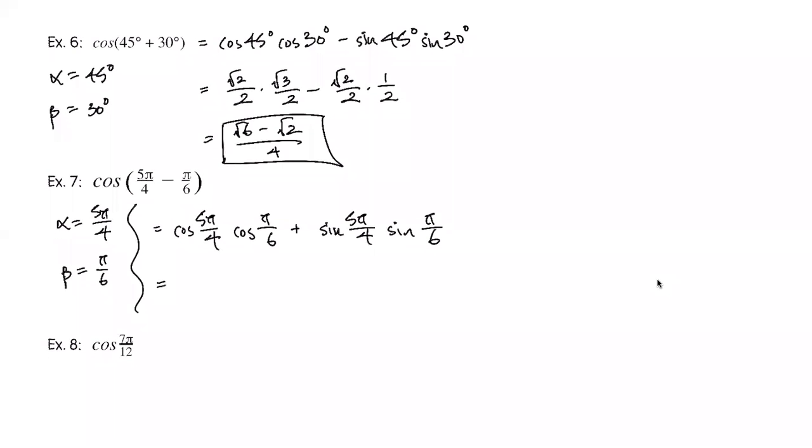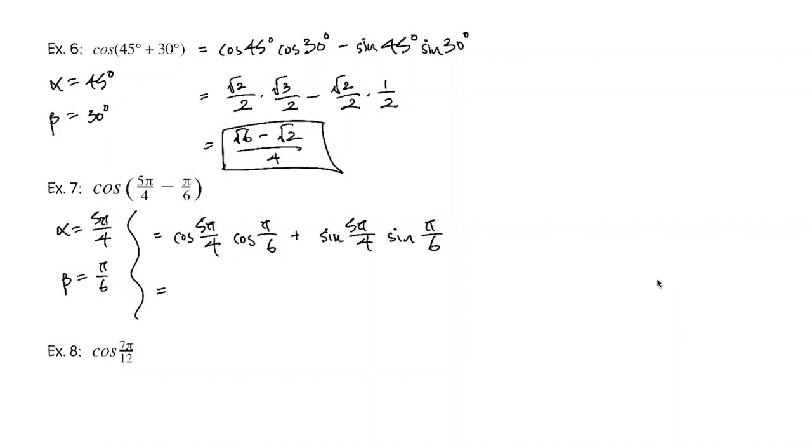All right, wherever you are in your work, take a look at this first line. Does that match what you have so far? That makes sense where I got all the expanded terms from? Okay. And then we just need to make sure we plug in the right values and keep in mind that some of them might be positive and some of them might be negative, okay?